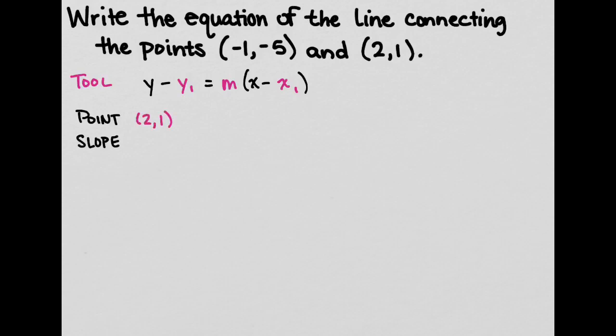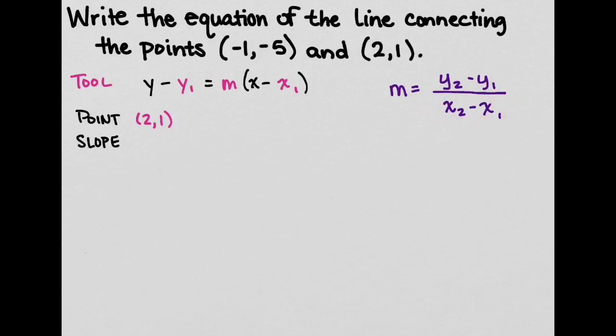But we need to calculate the slope, which reminds me that the slope formula is y2 minus y1 over x2 minus x1. The reason we're doing this video is that I've noticed some of you have struggled with this concept, so I wanted to address it. When grading homework, I noticed a few of you have been putting the x values on top, which is a really common mistake, and the y values on bottom.